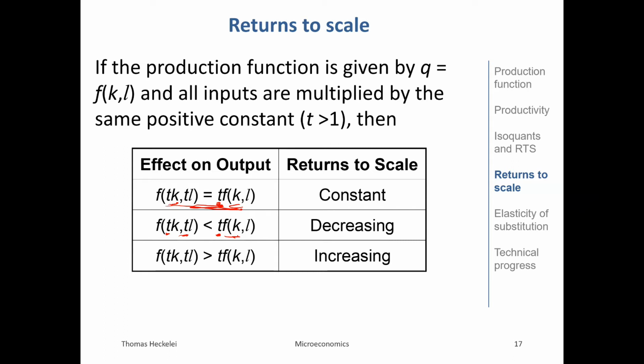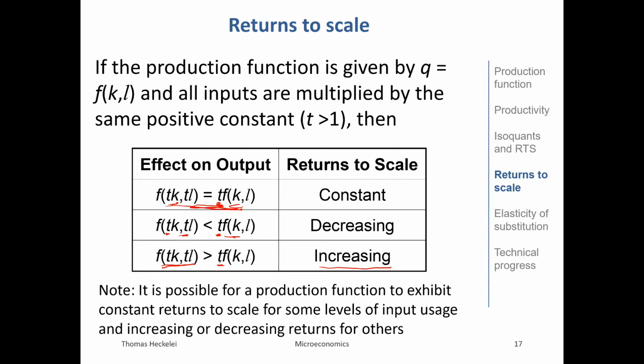And then the last case is increasing returns to scale, meaning when you multiply all inputs by t, you get more than t times the output. Again, doubling all the inputs will give you more than twice the output of the original production scale. So that's the idea.